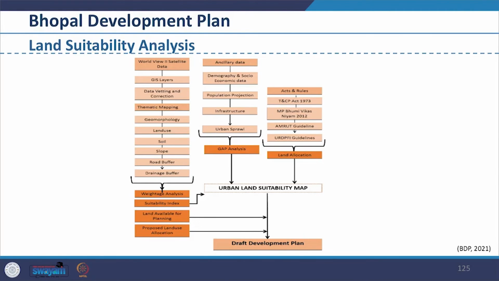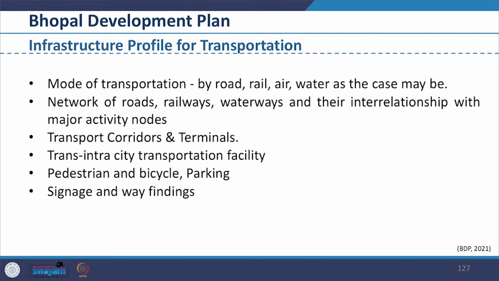Moving forward, we see that a further suggested and considerably determining component in the section on analysis of existing scenario and development issues in the development plan content, as per the guidelines, includes review of infrastructure profile and transportation. So, what does the guideline suggest?